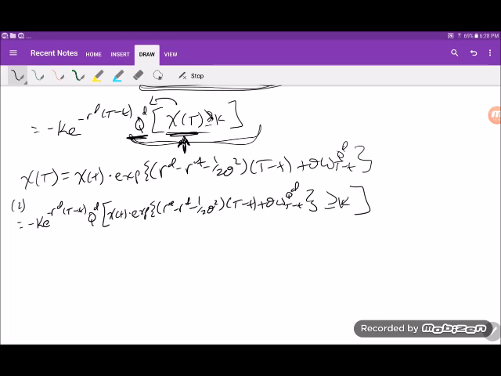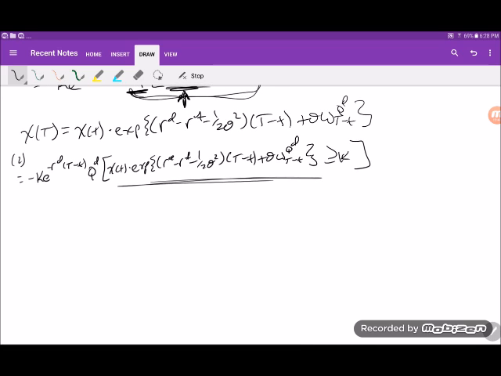So let's start to work this. First thing I would do is divide both sides by x, and then I would take logs to get rid of the exponent.